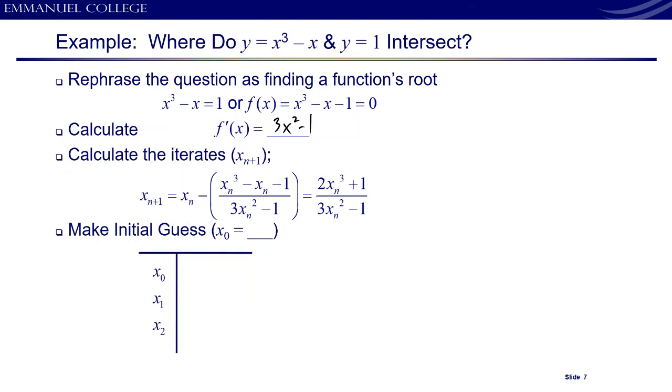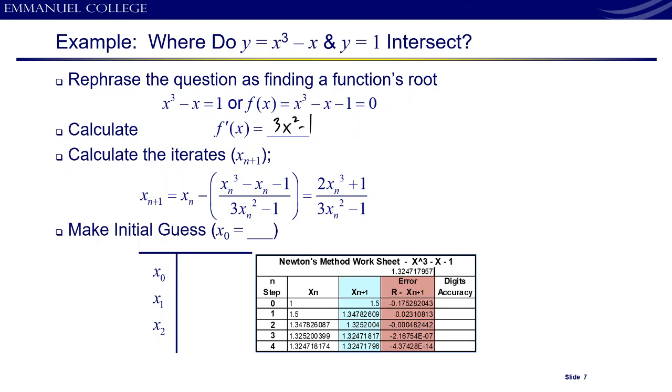So what would your initial guess be? As you can tell from this sheet, I think 1 is a pretty good guess, just because 1's kind of safe. X cubed minus x minus 1.